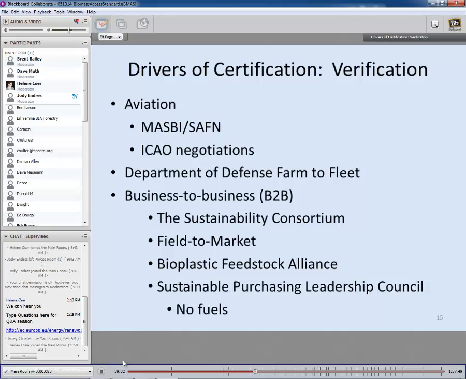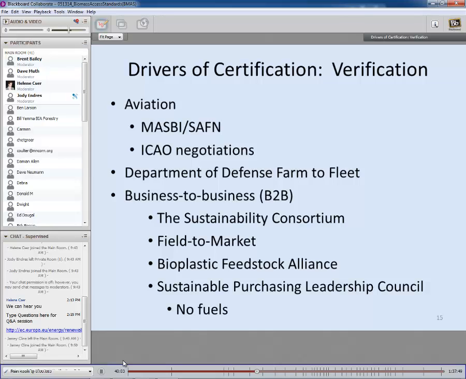And then lastly, there has been an emergence of a lot of what I call business-to-business, not necessarily certification efforts, but metrics efforts to gauge sustainability. For example, the Sustainability Consortium works with a lot of consumer products companies that supply big retailers like Walmart to do life cycle analyses of all of these supply chains that are led at the consumer level versus the producer level.